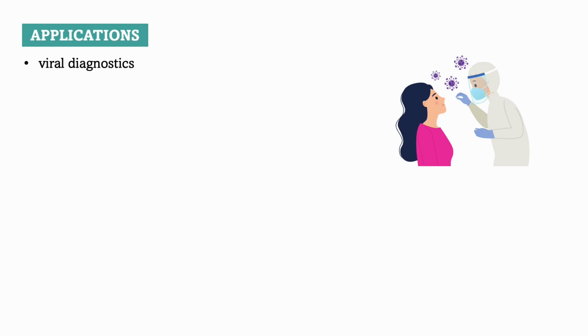The amplified viral cDNA then confirms the viral infection. However, there are many other applications of RT-PCR. For example, RT-PCR is used to analyze gene expression in cells. The mRNA molecules are converted into cDNA, and these can then be analyzed.